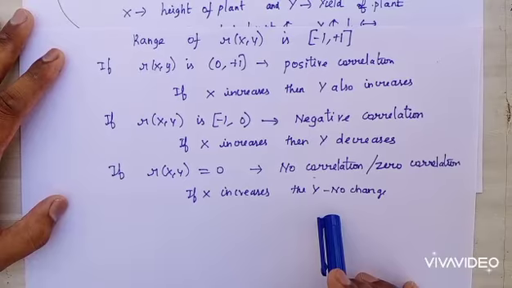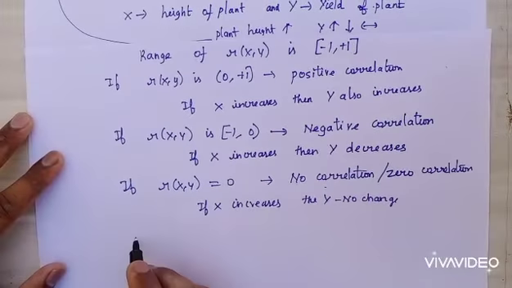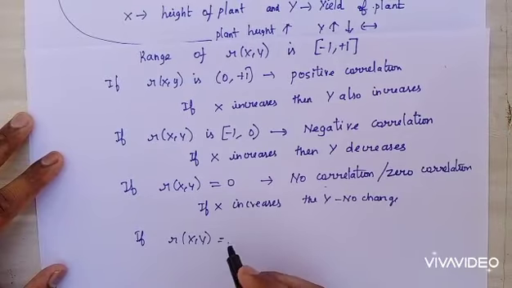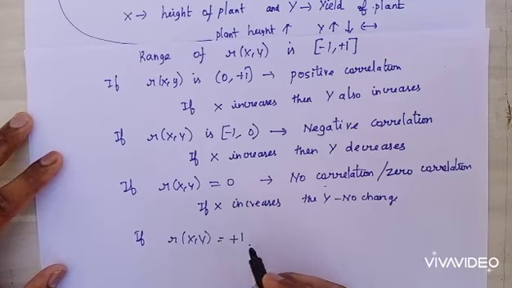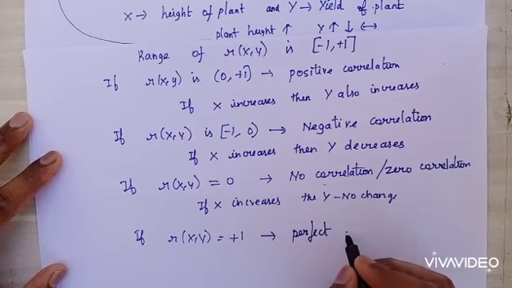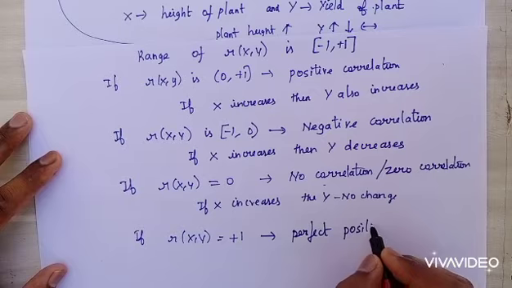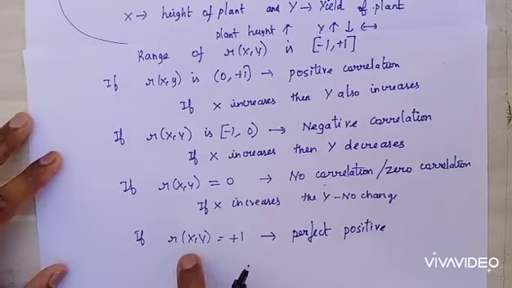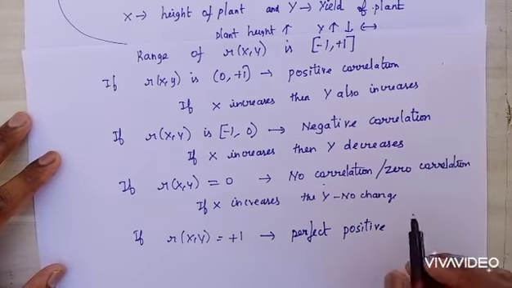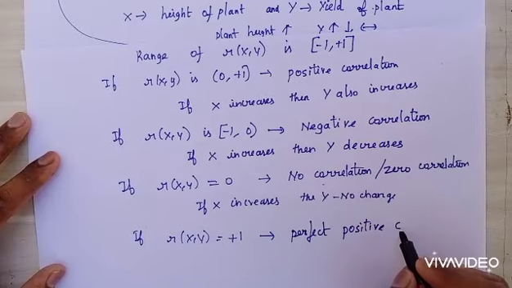If R x comma y is +1, then you will say perfect positive correlation. So if r is equal to +1, that is, the correlation is +1, you will say perfect positive correlation.